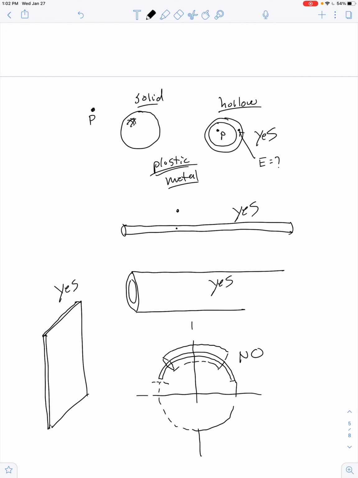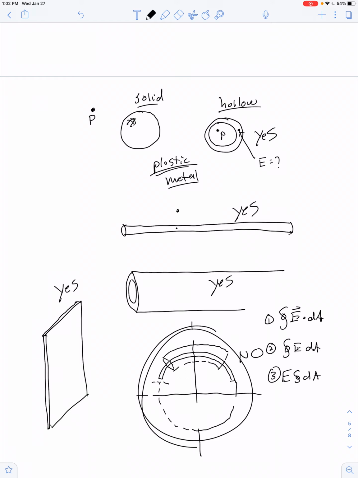Well, I'll leave it up to you to draw the electric field lines and consider the shape, and I think you'll be able to conclude that it wouldn't be easy to convert this mathematical language into this mathematical language. I don't think you go from step 1 to step 2 to step 3 for this shape.